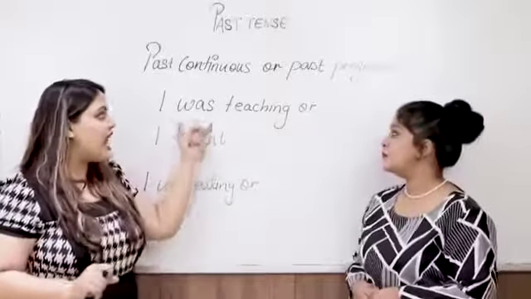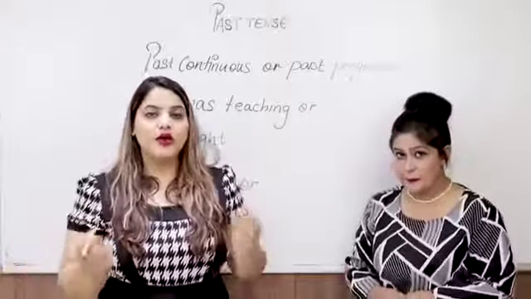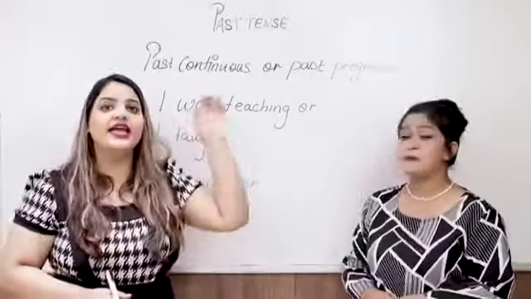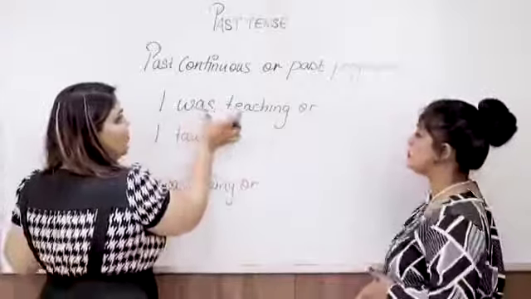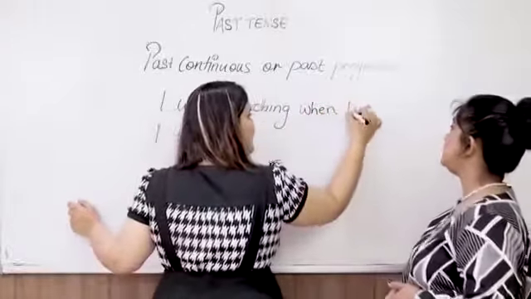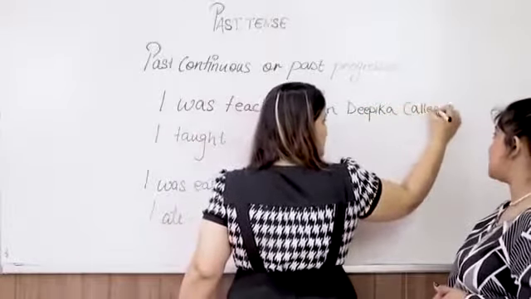Now, when we say that I was teaching, in our conversation or general talk, we will use past continuous tense when there is an interruption in your activity. Example, I was teaching when Deepika called me.